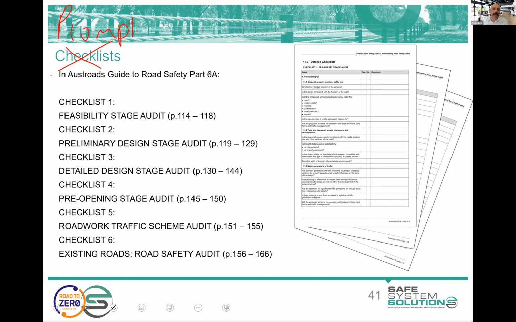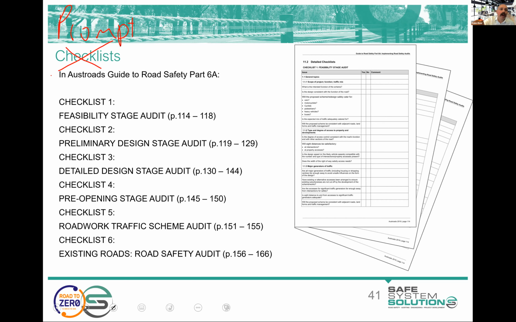Because we don't want anybody to think that if they just go through and tick and cross all of that, they've done a road safety audit. There is a whole lot more things that could eventuate out there. These have tried to incorporate lots of things to prompt thinking, but certainly not as a checklist as such.